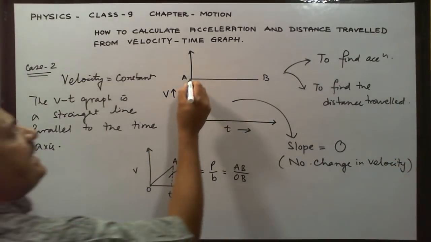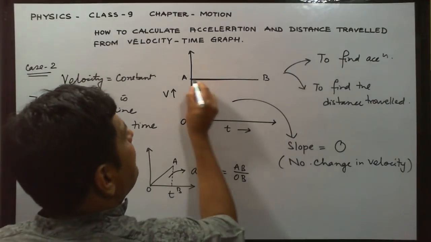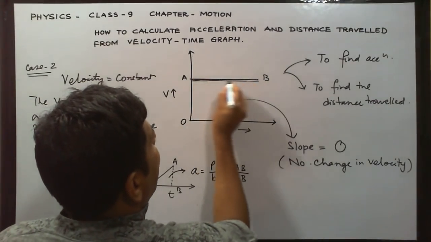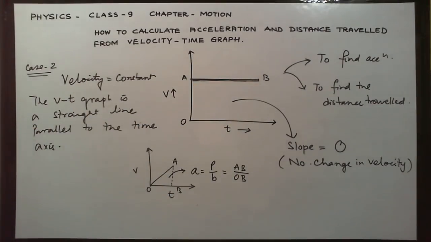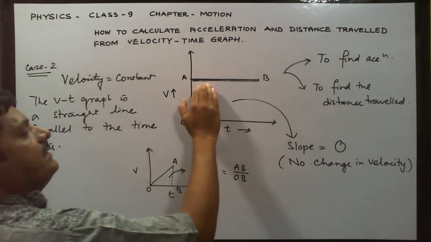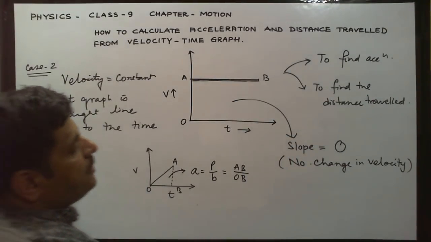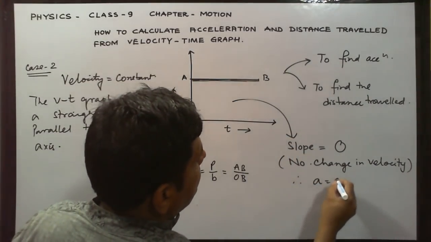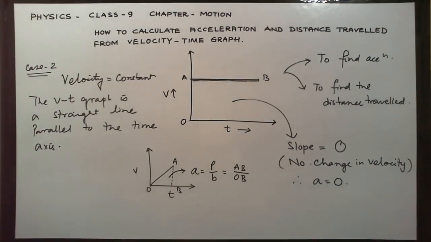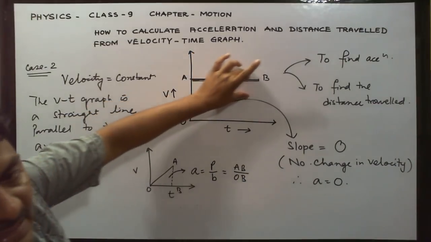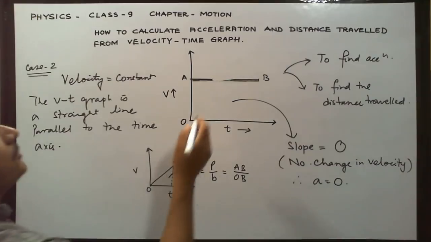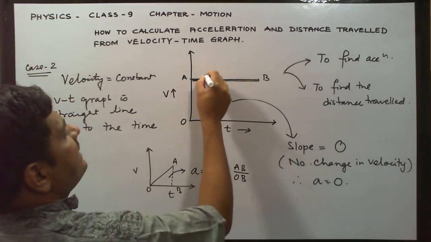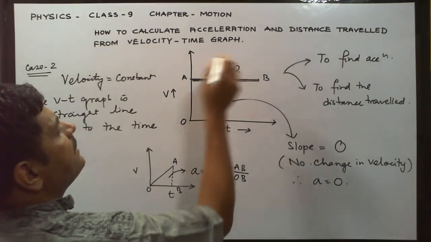So if you find a graph which is a line parallel to the time axis, it means constant velocity, and if it is a constant velocity, the acceleration must be equal to 0. There is nothing to calculate here because the graph is a flat line. It's parallel to the time axis, so there is no slope. So in this case, acceleration would be equal to 0.